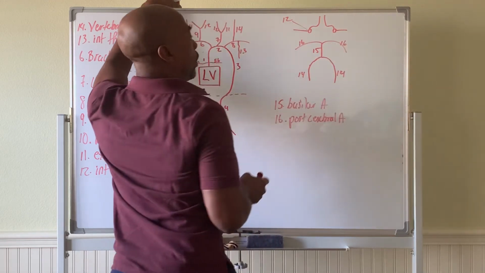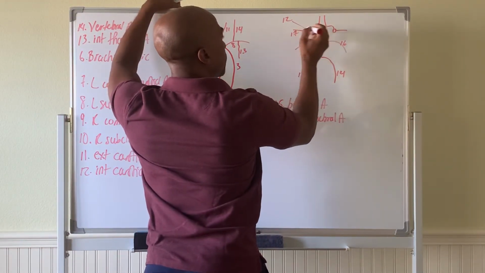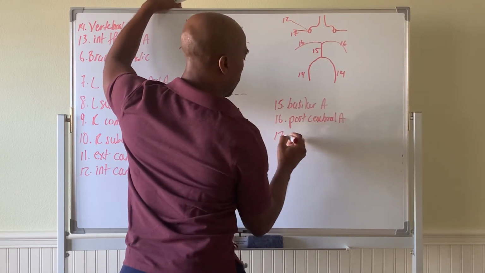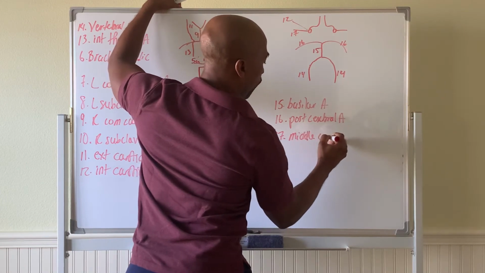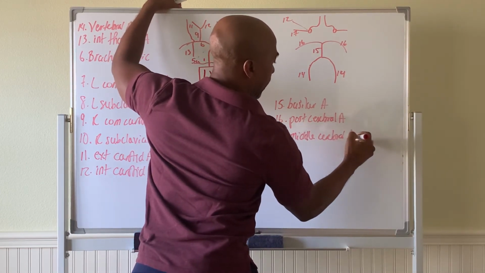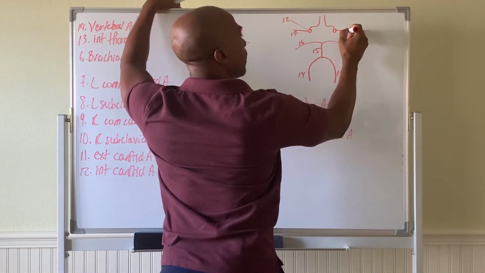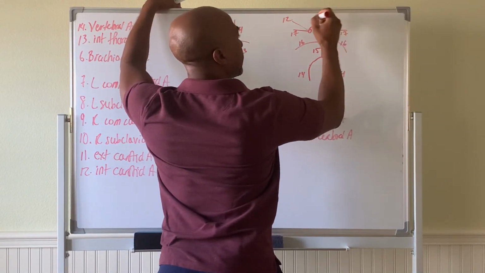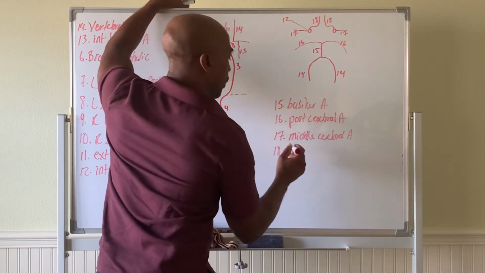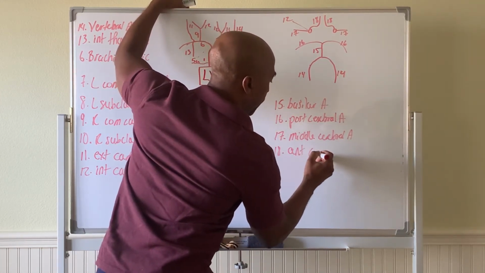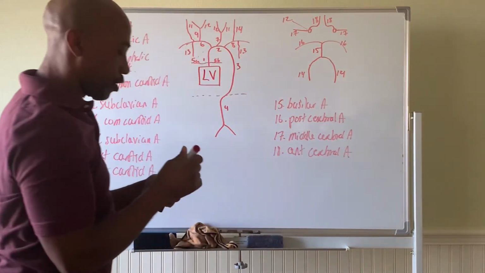So they form number 17 here, which is called your middle cerebral artery, carrying blood to the middle of the brain. And then 18. 18 is called your anterior cerebral artery, carrying blood to the front of the brain.